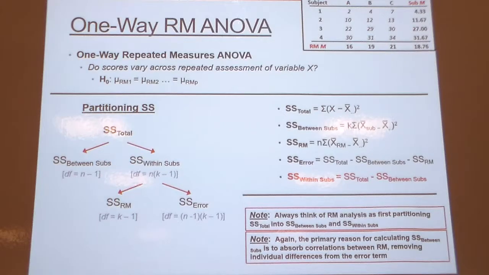So no matter where you're coming in, if you're all responding to our manipulations in kind of the same way, that's sucking out all that stuff that would have otherwise gone in your error term and would have swamped out your signal, okay? So always think about our repeated measures as first breaking our sum of squares total into between and within. And again, the primary reason we're calculating this is to gather up all the between subject stuff, the individual differences.